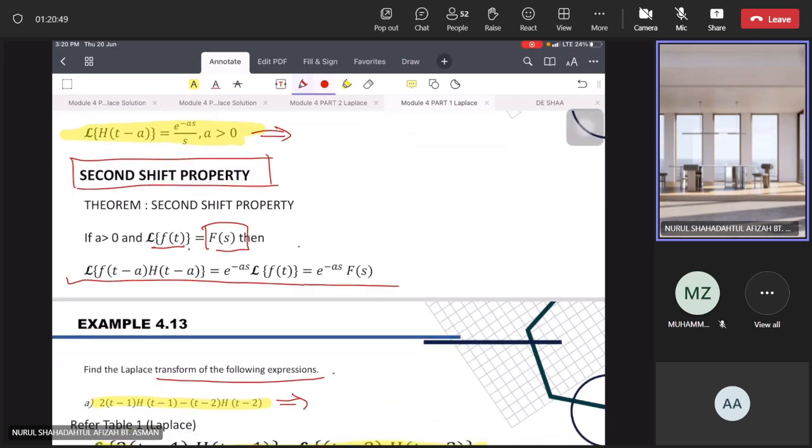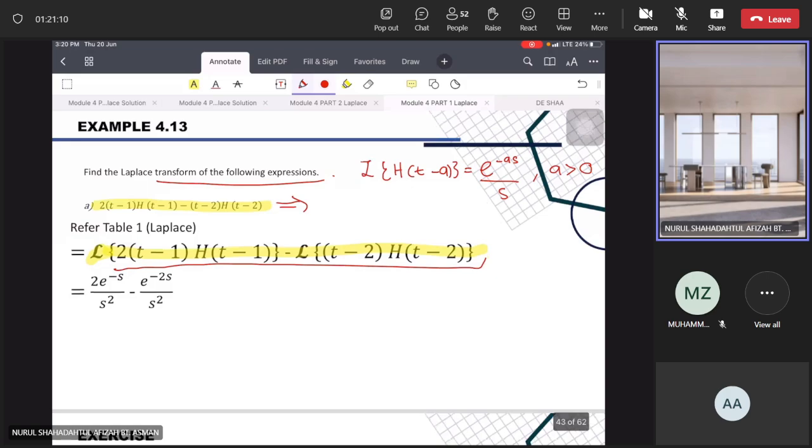Laplace of f(t minus a) h(t minus a) equals e negative as F(s) over s. The condition is that a must be more than 0.